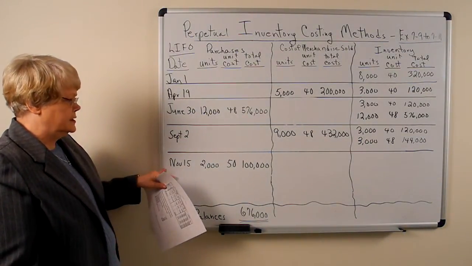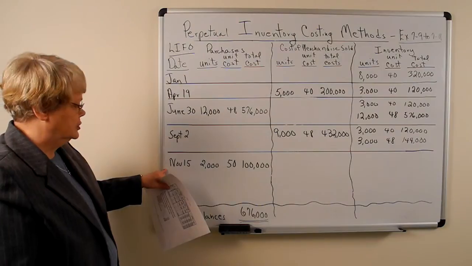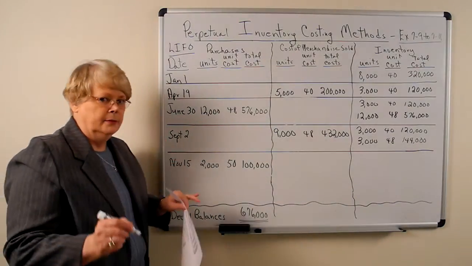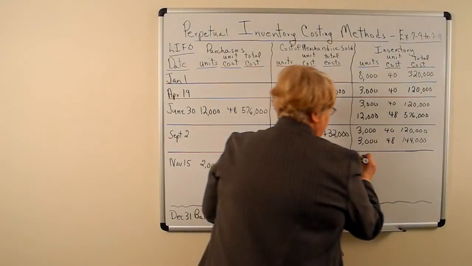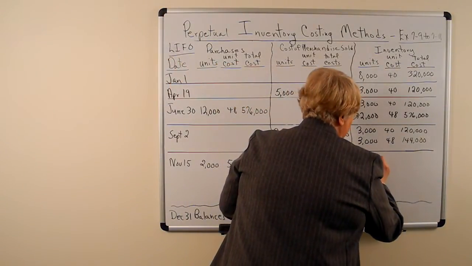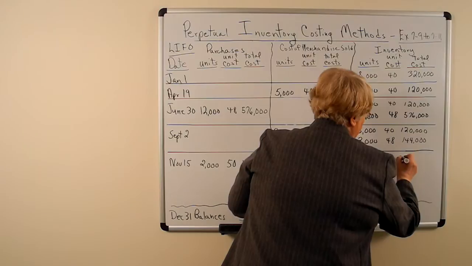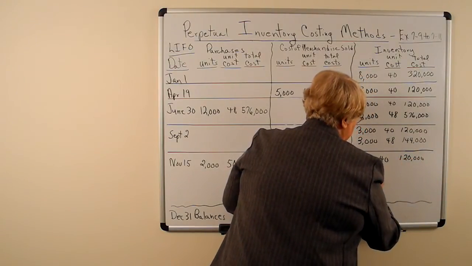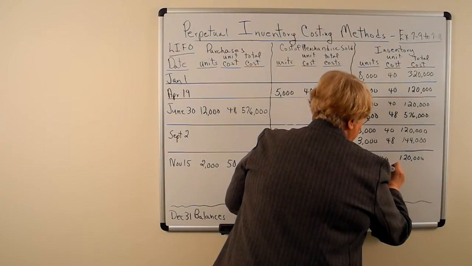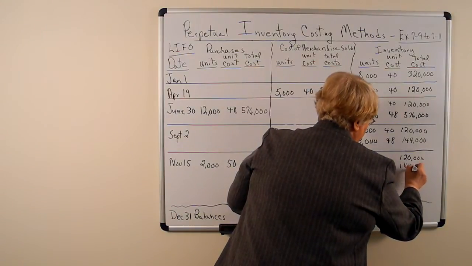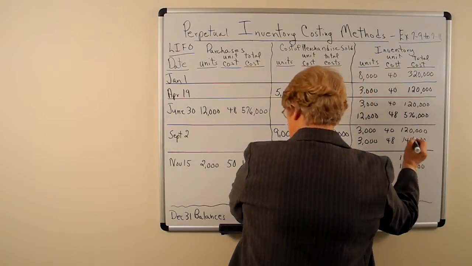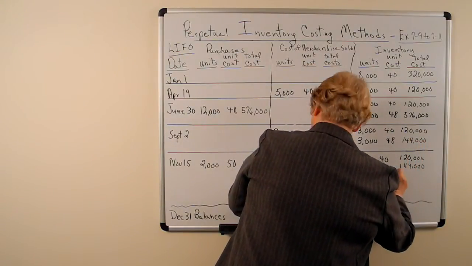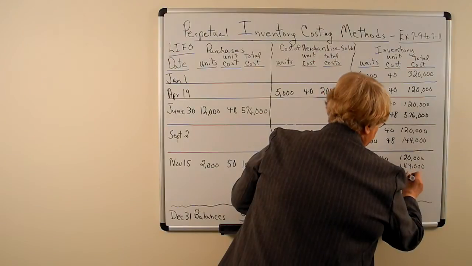Now we had a purchase of 2,000 at 50, so we've got to bring that down. Those layers, remember to keep them in the order that they were purchased, so that's 3,000 at 40, 120,000, 3,000 at 48, 144,000, and how many did we purchase over there? 2,000 at 50, or 100,000.